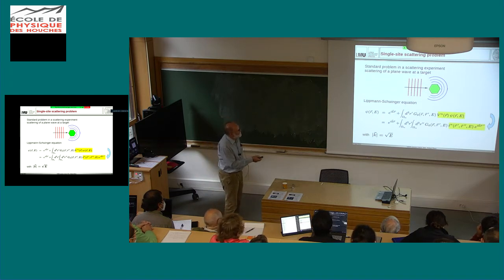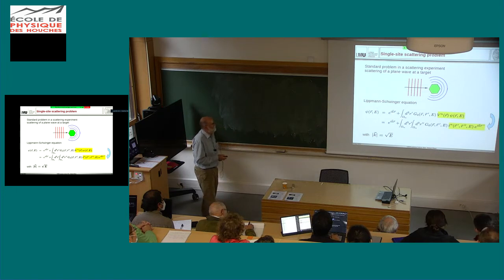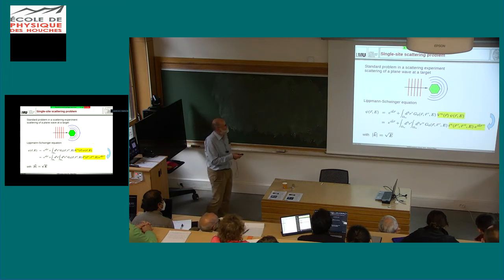That means this yellow part is replaced by that new part, where you have now the undistorted solution, but everything is now packed in the new object, the scattering T matrix. This is written here in real space, so it would describe everything that happens inside the target.